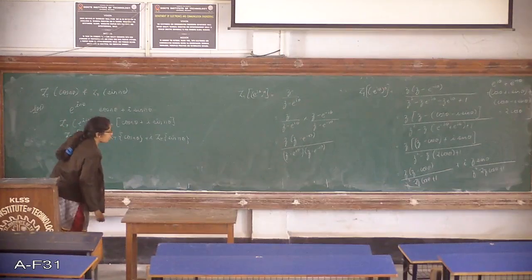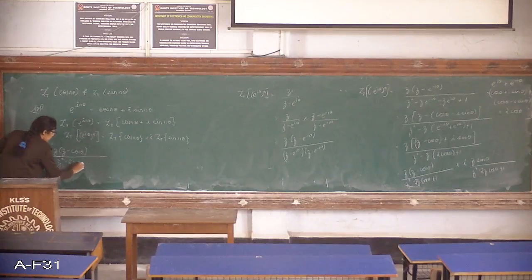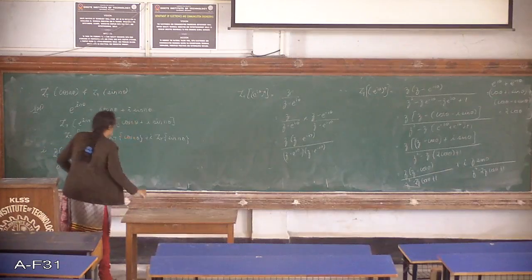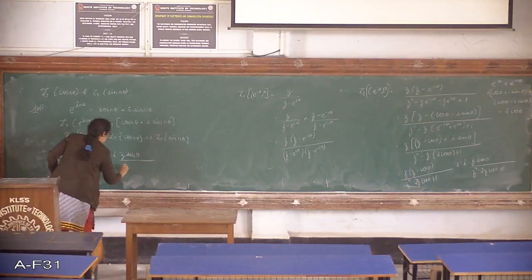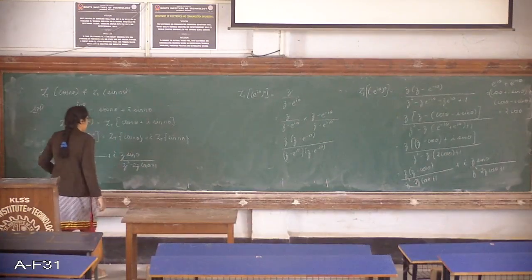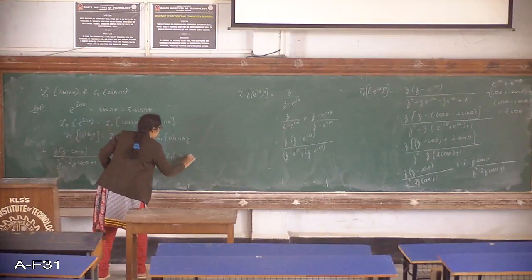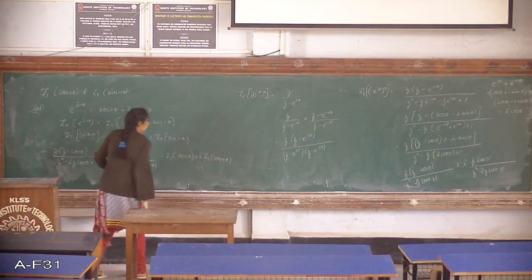I'll get this as z into z minus cos theta divided by z square minus 2z cos theta plus 1. And then the imaginary part we have plus I z sin theta divided by z square minus 2z cos theta plus 1, which will be equal to z transform of cos n theta plus I z transform of sin n theta.